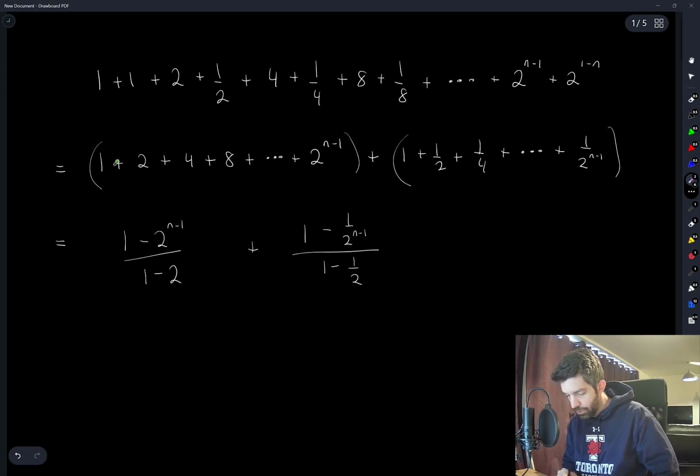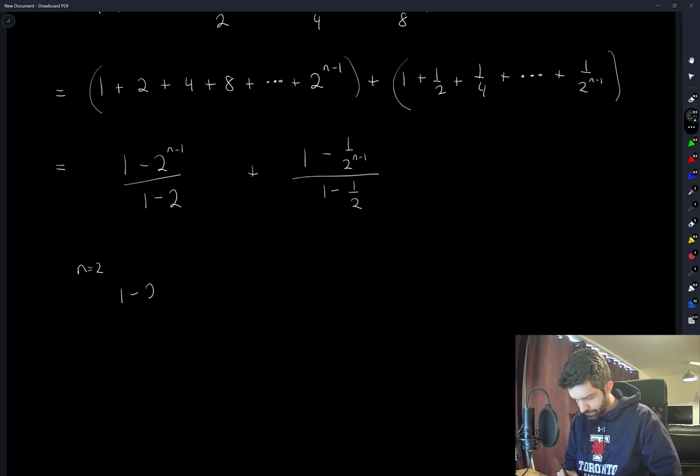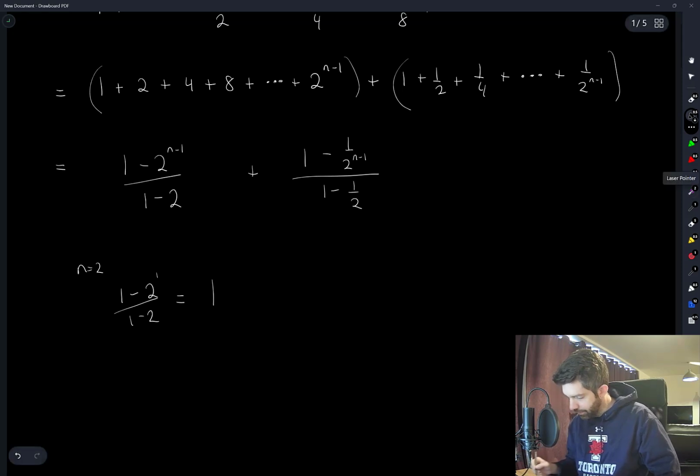When n is equal to 2, I have two terms, 1 plus 2. So let me substitute n is equal to 2 and make sure that this turns into 3. Okay, no, it seems I have an issue with the indices here.